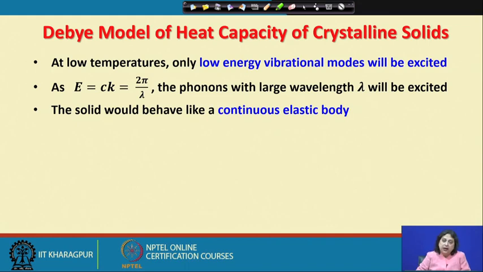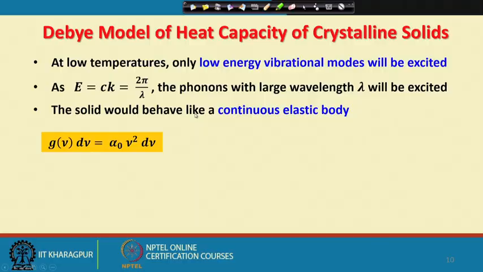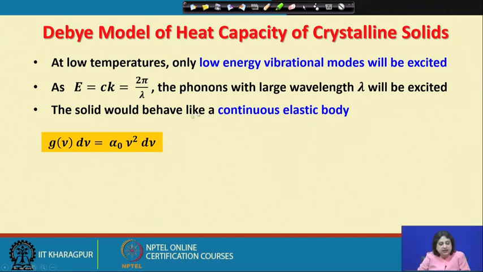Now, the study of vibrational patterns in a continuous elastic body is a very well studied and well investigated field of physics, and there you find that under such conditions g(nu) d nu can be given by an expression like this.